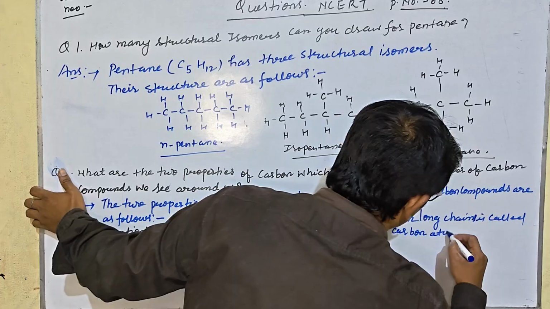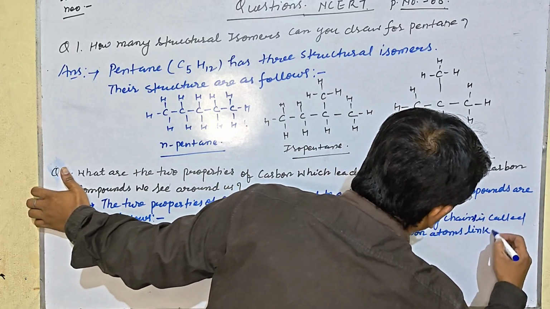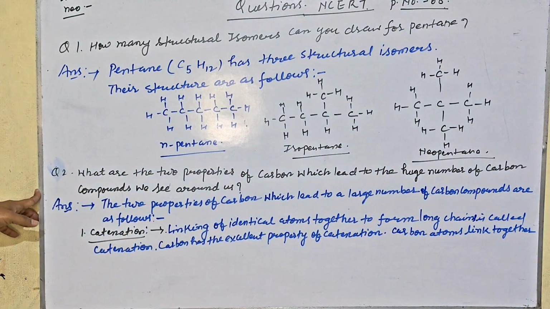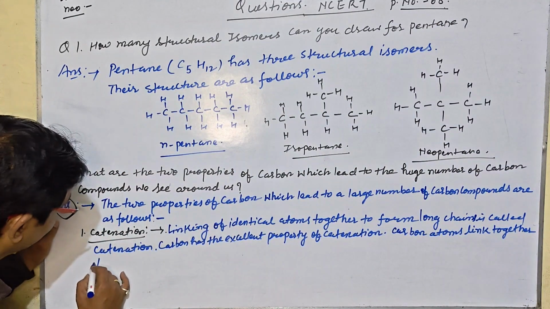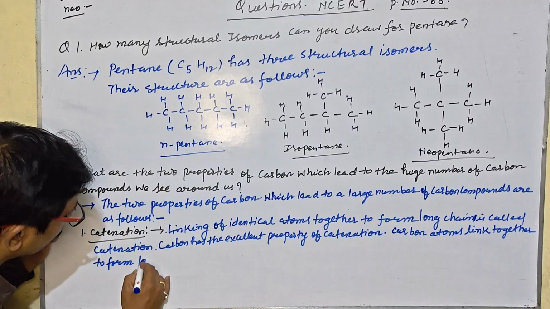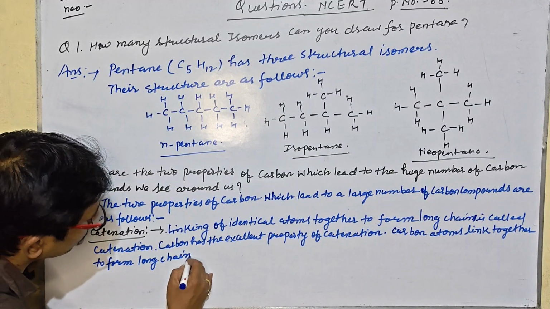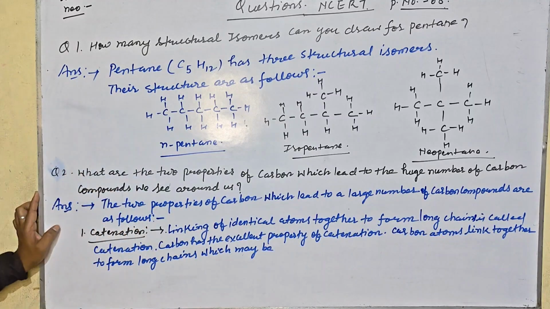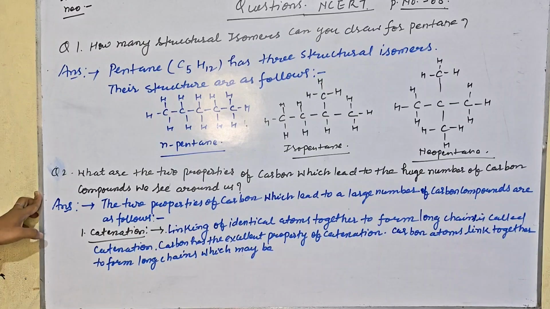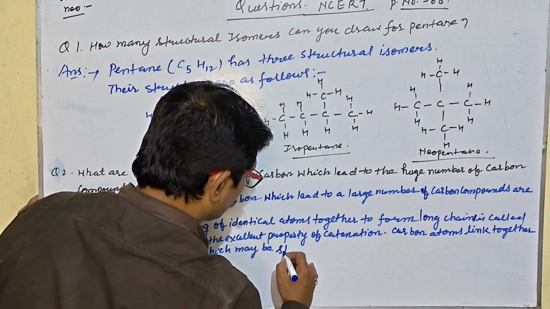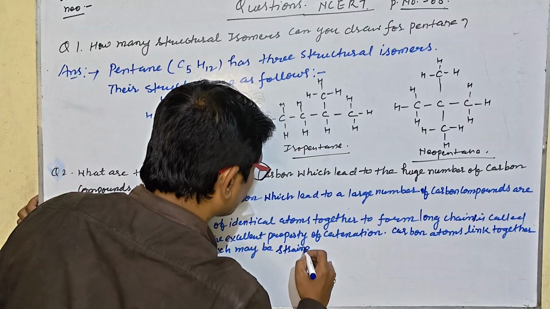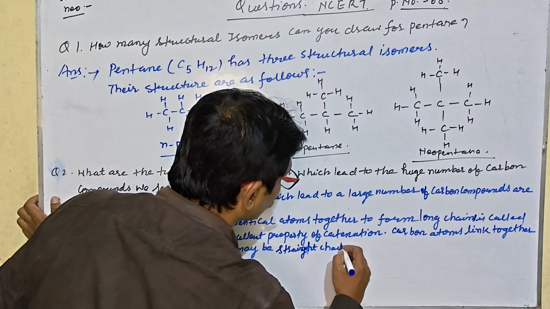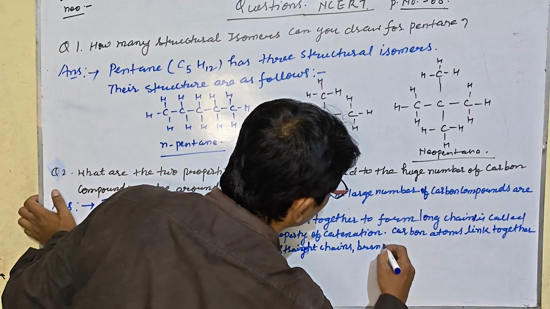Carbon atoms link together to form long chains, which may be straight chains, branch chains, or rings.